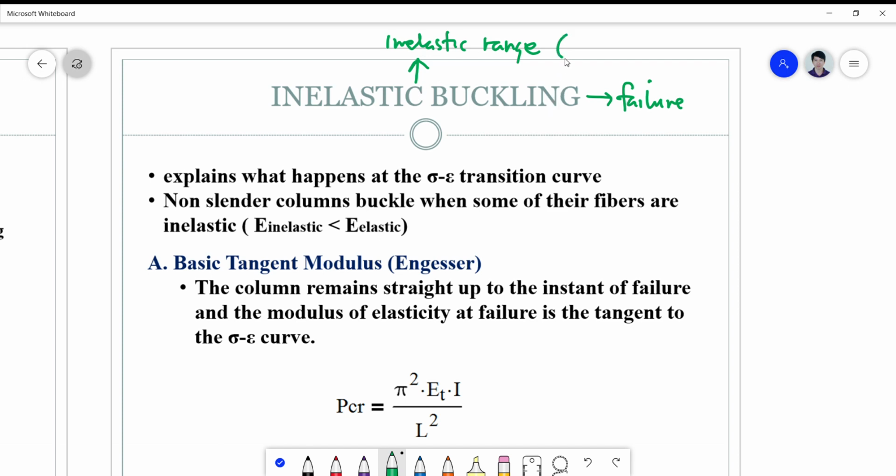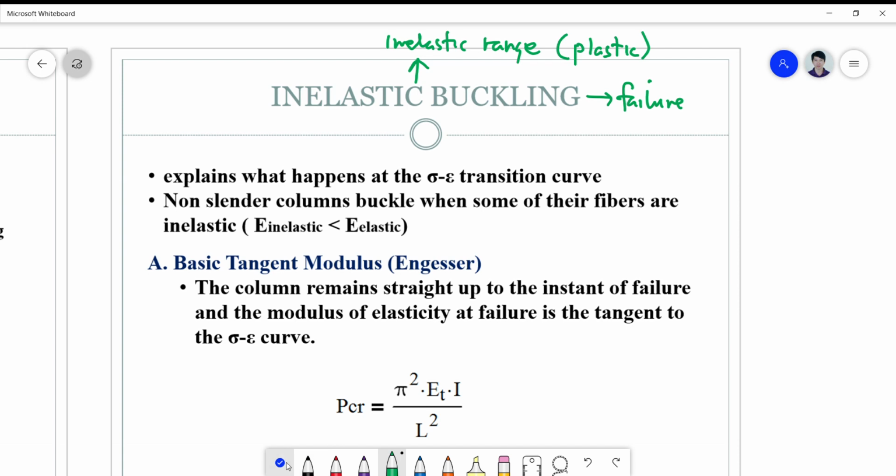So you can also say that this is now your beginning of your plastic behavior, and it explains what happens at the sigma epsilon transition curve. And for non-slender columns, it can buckle when some of their fibers are behaving inelastically, and that's the reason why there's what you call an inelastic buckling and an elastic buckling.